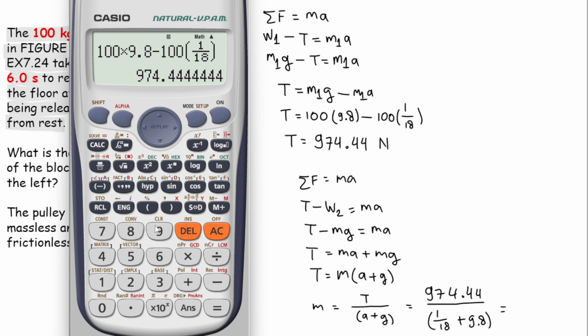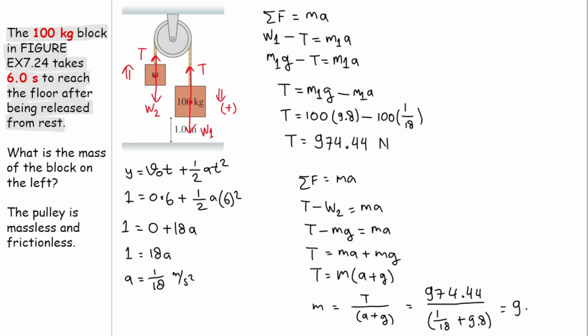So we will have 974.44 divided by (1/18 plus 9.8). And I will have 98.87. And the unit here will be in kilogram.